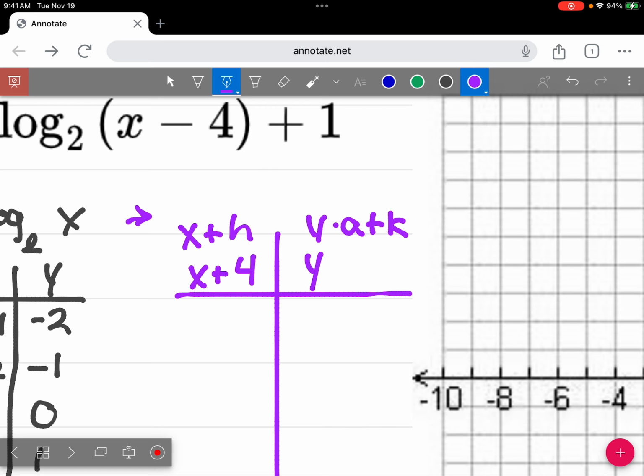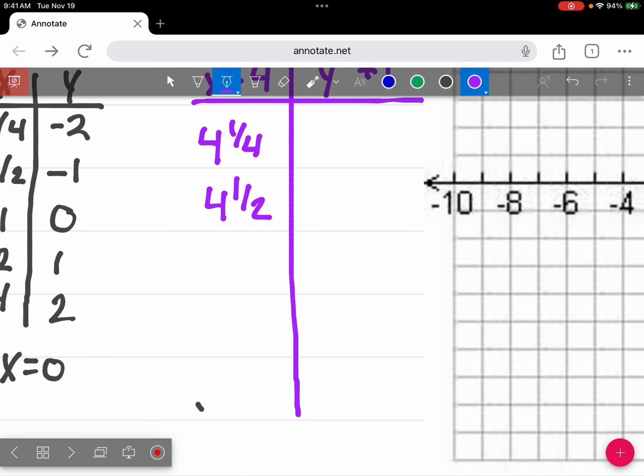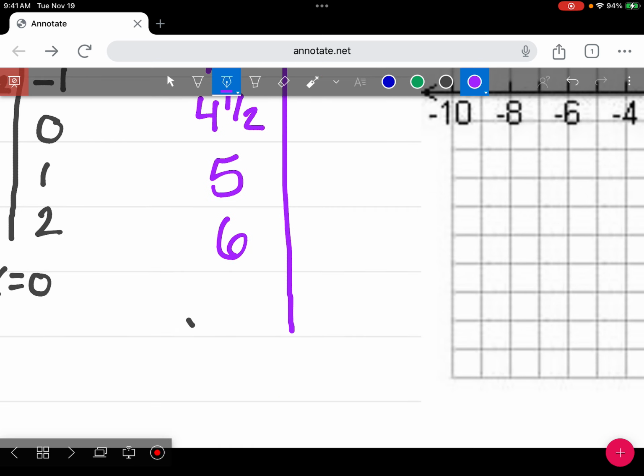My y's, I don't have any number multiplied out in front, so it's times 1 plus my k, plus 1. So I'm taking all my x values plus 4. So 1/4 plus 4 gives me 4 1/4. 1/2 plus 4 gives me 4 1/2. 1 plus 4 gives me 5. 2 plus 4 gives me 6. And 4 plus 4 gives me 8.